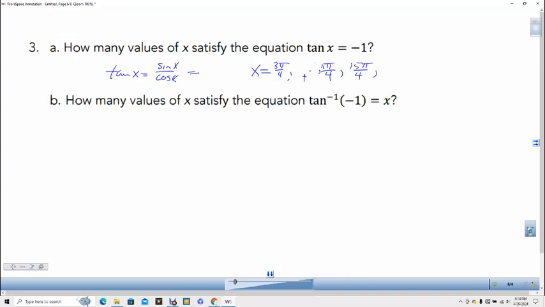Because remember, all we're really doing is listing the 2 times that it happens, 3 pi over 4 plus, and it's going to happen every pi, so we can write 3 pi over 4 plus k pi. That lists every single one of them. So infinitely many.